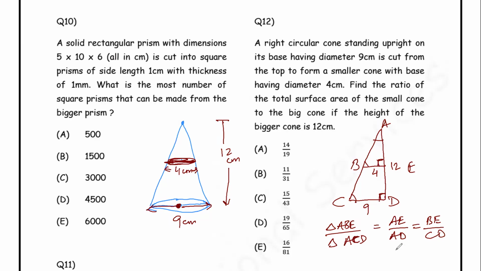So AE is X, AD is 12, BE is 4, and CD is 9. Therefore X is 48 by 9, or 3 threes are 3, 16s are 16 by 3. So this height is 16 by 3.